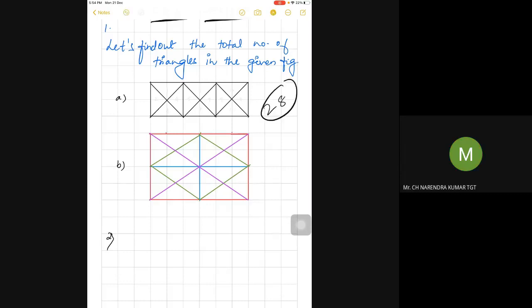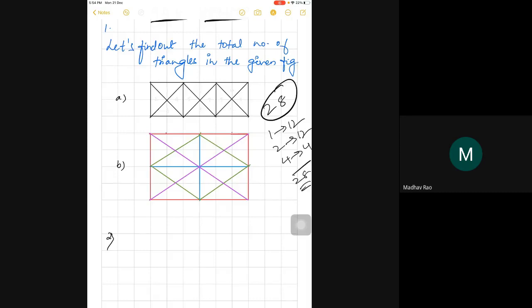Here, we can ask the child to go for single triangles, then triangles made of two triangles jumbled, and then we can go for the four triangles. So here it is 12, here it is 12, and then 4, and you will have another 4. Hence, you are finally having 28.